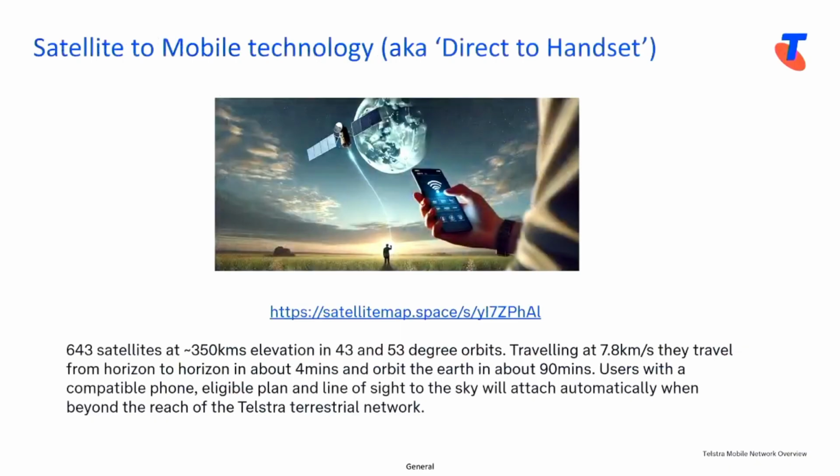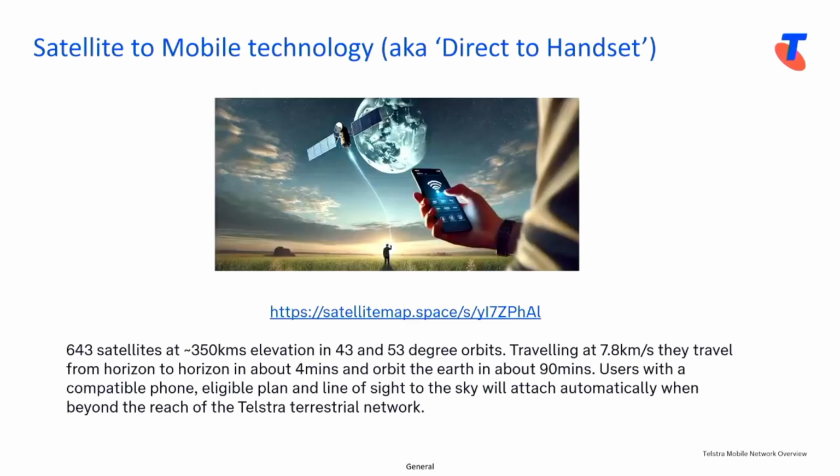Now, this is interesting. That's actually satellite for backhaul. So basically, we have a terrestrial base station using the satellite as the backhaul to the packet exchange in the core. Now, this is really new. It's called satellite to mobile, or direct to handset. Have you ever wondered whether you could talk to the satellite on your phone?